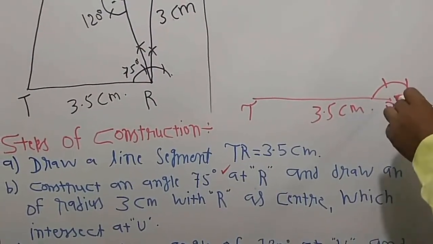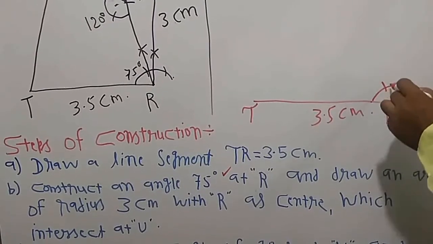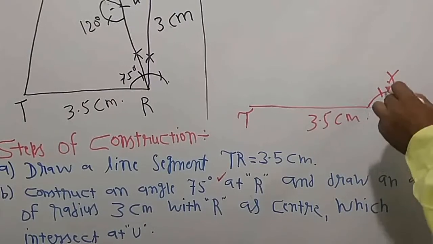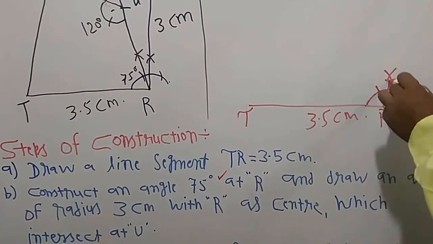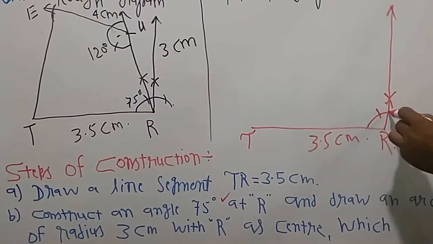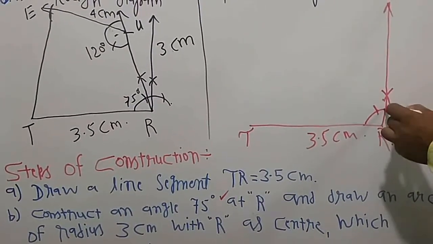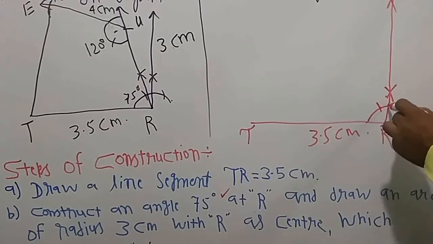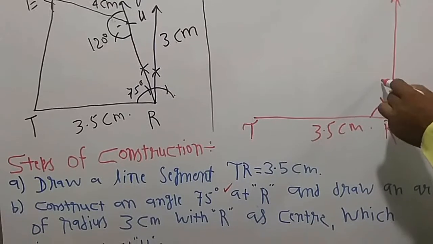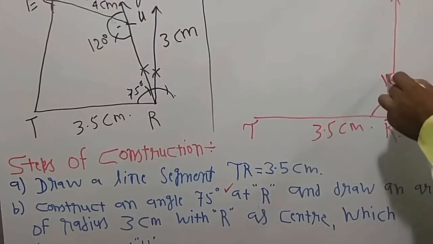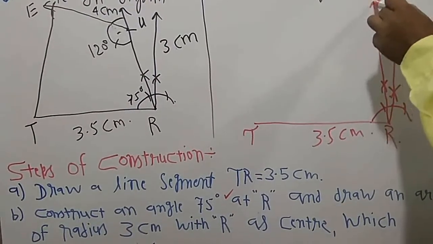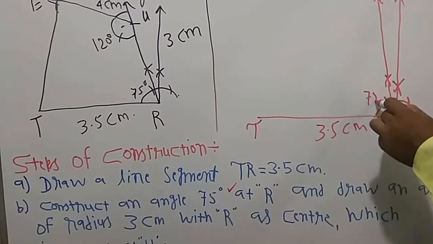And then again we draw one arc from this point and one from this point, and then we join the intersecting point of this. This is our 90, but we need the 75 degree. This is the 60, this is the 90. In between 60 and 90 the 75 is there. So again we draw one arc from here and one from here. Now we join this with this intersecting point. It is our 75 degree.